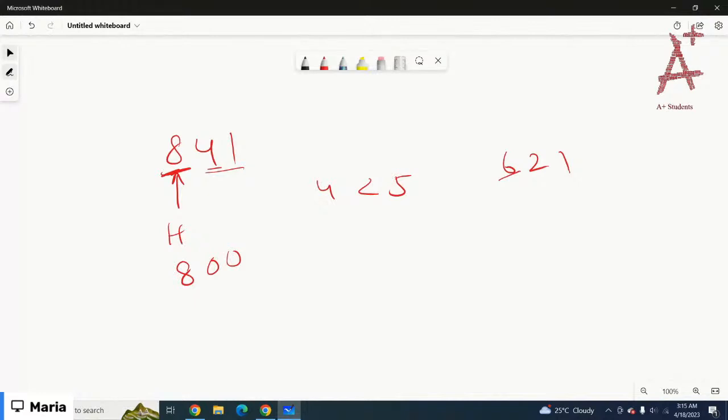Got it? Just look at the right hand side of the 6. You have 2 here. Compare this 2 to 5. So 2 is less than 5. That means you have to round on the same 100. So here you have 6 and replace the other two digits with 0. So it would be 600.